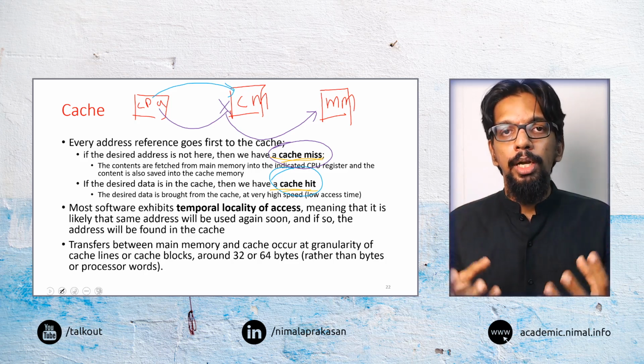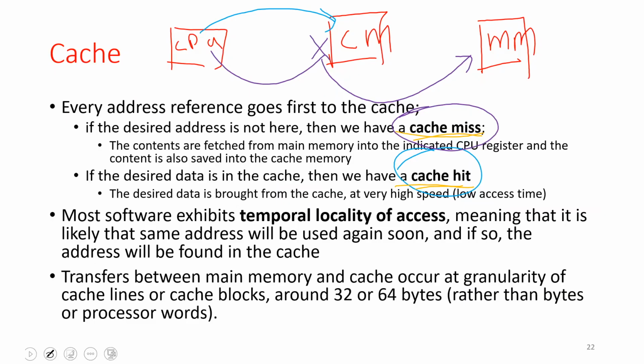When we say temporal locality of access, if we consider a particular program, let's say there is a particular program that has a number of data points there.